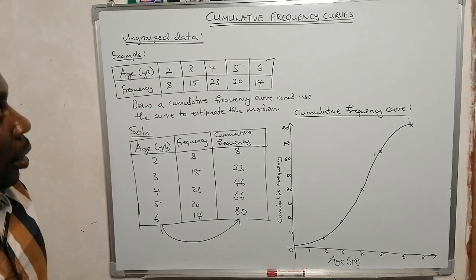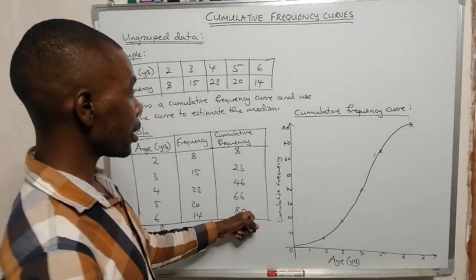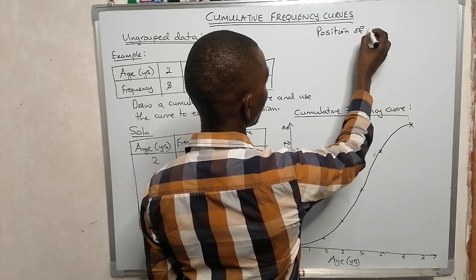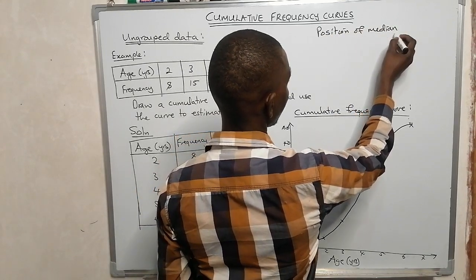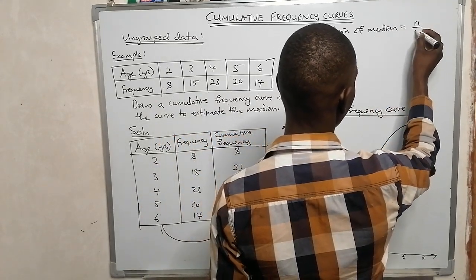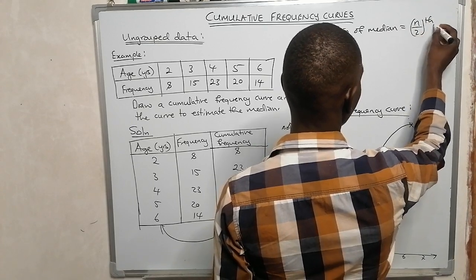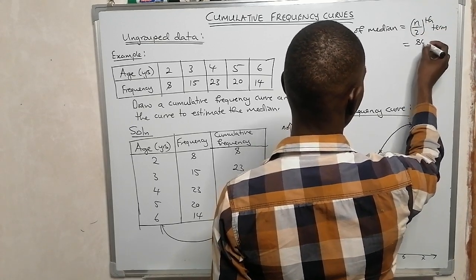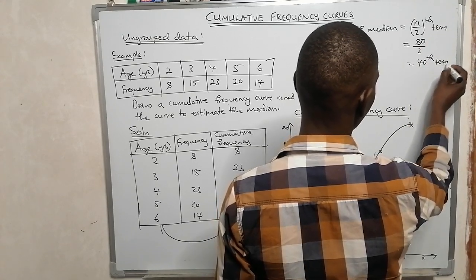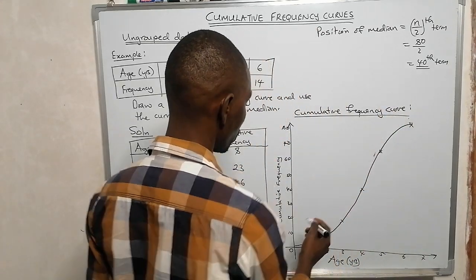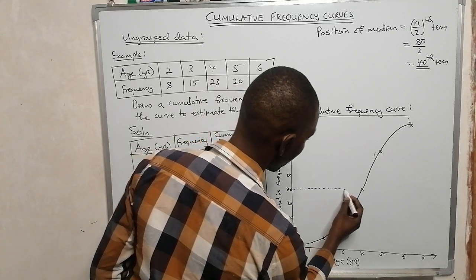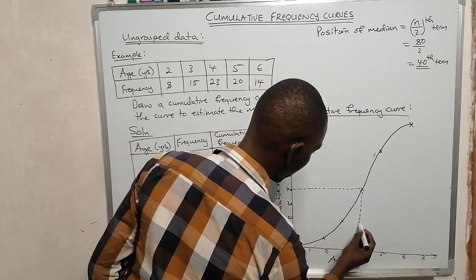Right, now the median. Remember, we have N equals 80. We have to find our position of the median, which for this cumulative frequency we can take as N over 2 the term, which is equal to 80 over 2, that's the 40th term. Then for the 40th term, you come here, draw a broken line, then you come down here.